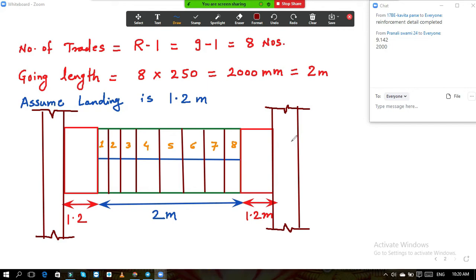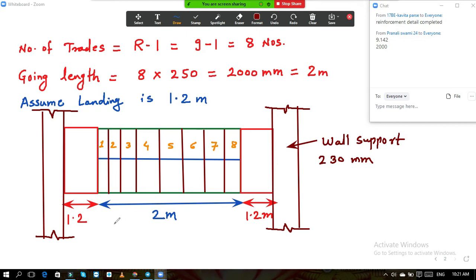And this is the support. So I will write over here, this is wall support, 230 mm. So we will assume that wall support is given on both sides and it is of width 230 mm, and whatever we have assumed, we will write it clearly.